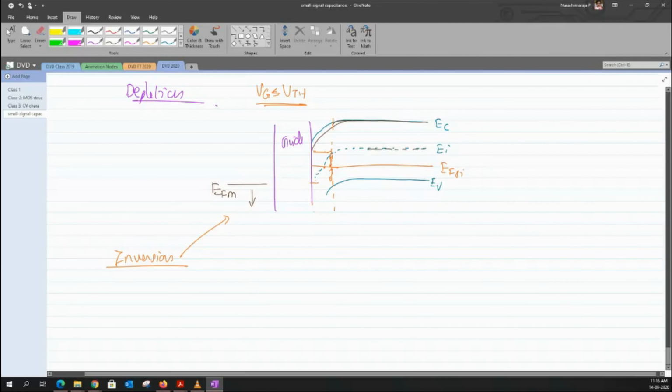This would be the intrinsic Fermi level, and you can see that the required separation is satisfied here, but there is an extra amount of charge, more than what is required. This is what says that we have inverted the channel.